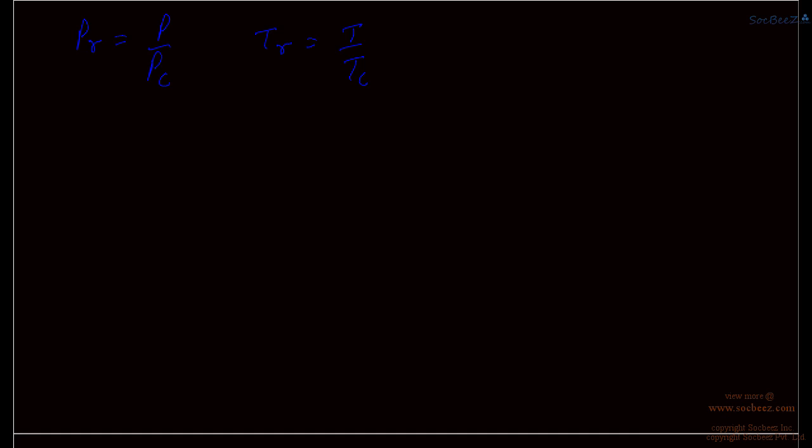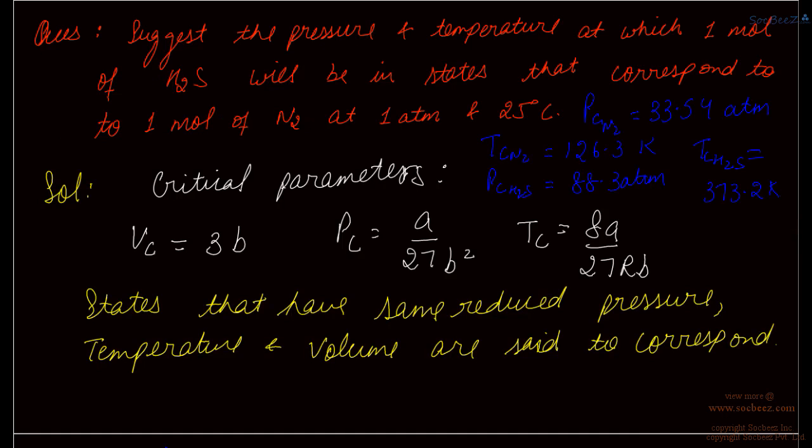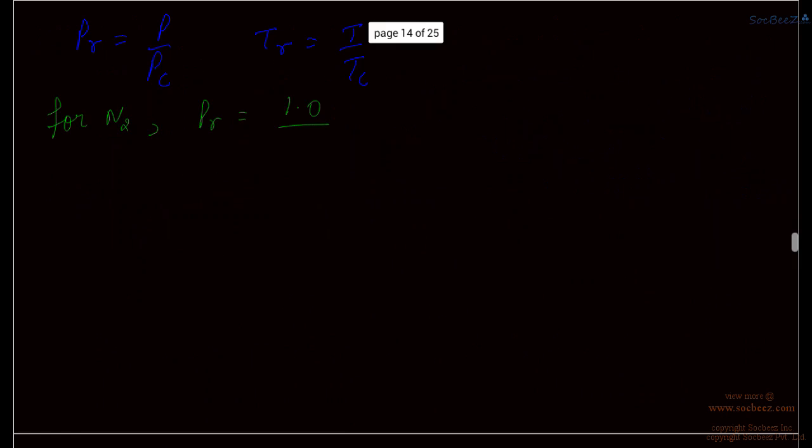Okay, so now for N2, the pressure is 1 atm, that is given in the question. The state corresponds to 1 mole of N2 at 1 atm and 25 degrees Celsius. So temperature is 298 Kelvin.